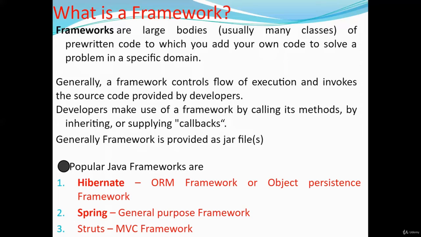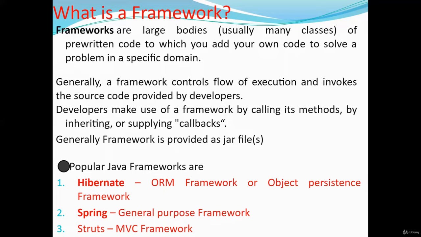What is Hibernate? Hibernate has a specific purpose. It is used for interaction with the underlying database. We call Hibernate an ORM framework. That means it maps the given object to the underlying database table.